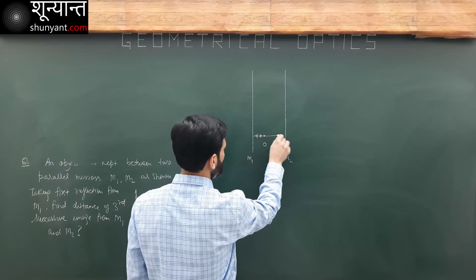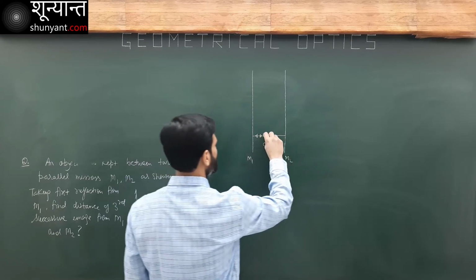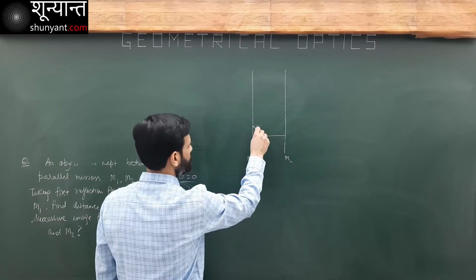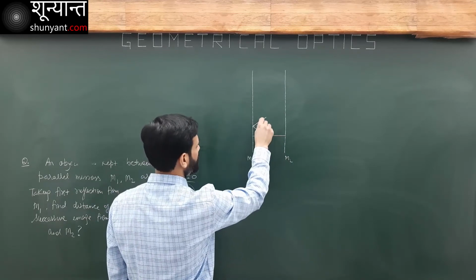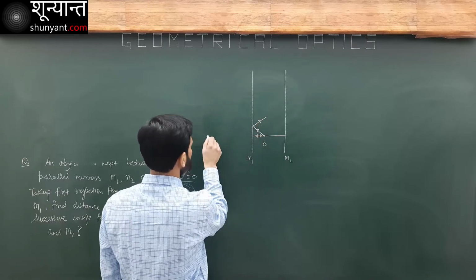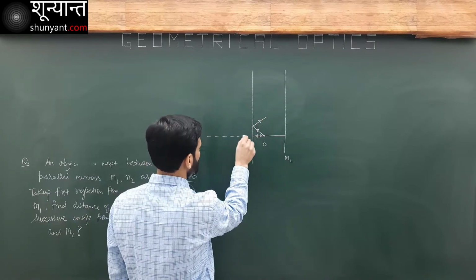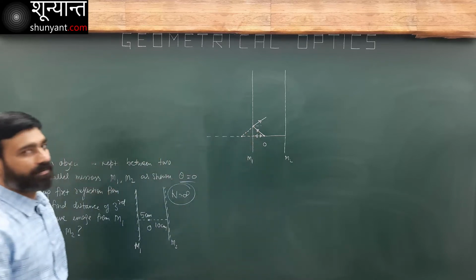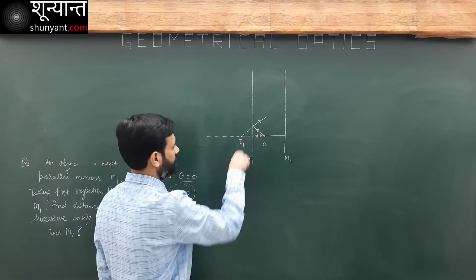It goes back to the other mirror. If I take any other light ray, it goes like this. Now these 2 reflected light rays form an image somewhere on this line at the same distance behind it. This becomes my I1.